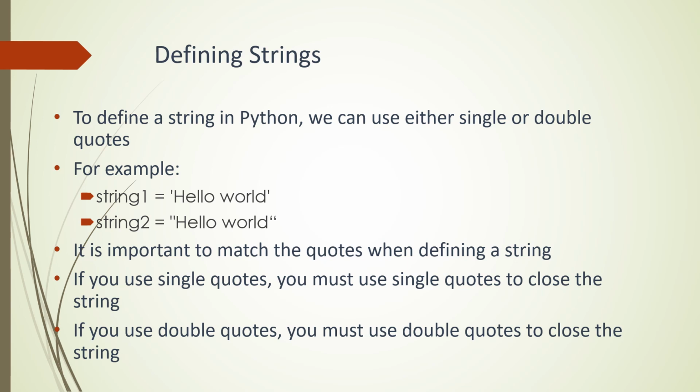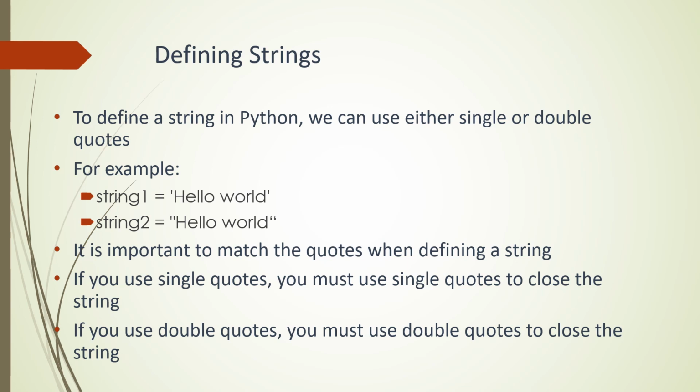To define a string in Python, we use either single or double quotes. For example, string 1 has been defined using single quotes, and string 2 has been defined using double quotes. It is important to match the quotes when defining a string.